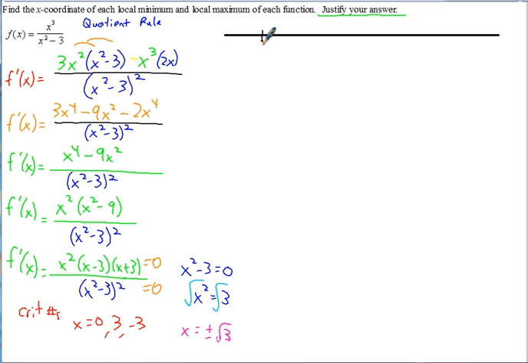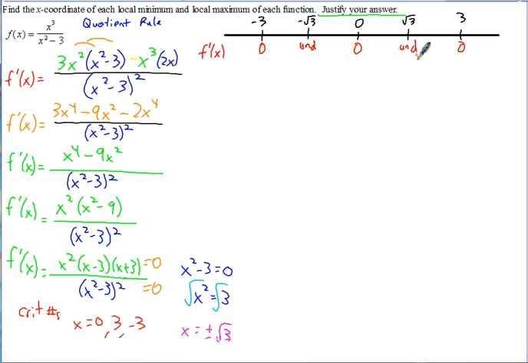So I've got negative 3, negative square root of 3, which is like negative 1 point something, 0, positive square root of 3, positive 1 point something, 3. So negative 3, 3, and 0 all came from the numerator, so those all make the derivative 0. Plus or minus root 3 came from the denominator, that just makes the derivative undefined, or doesn't exist.